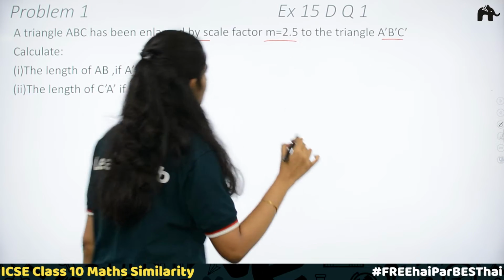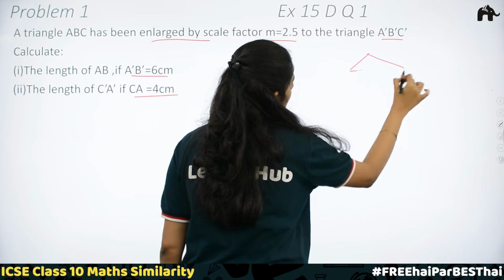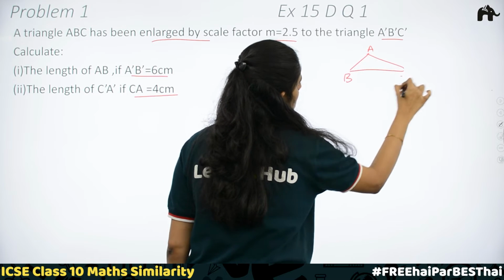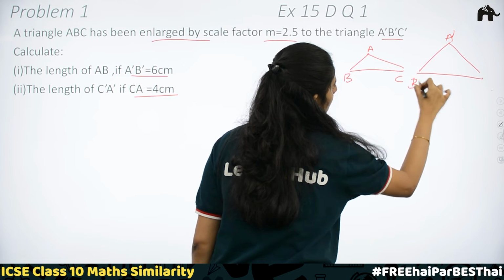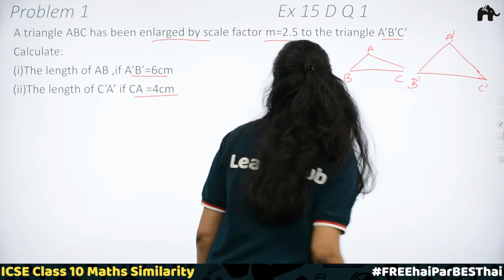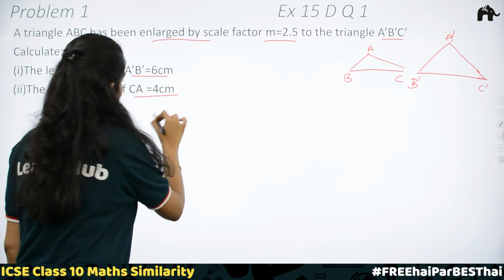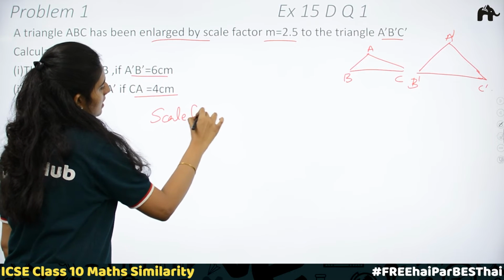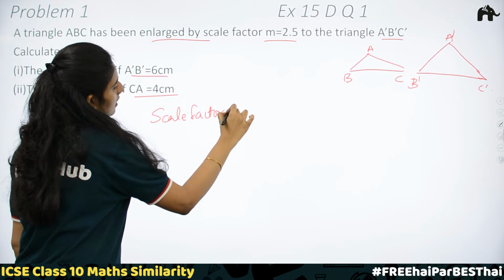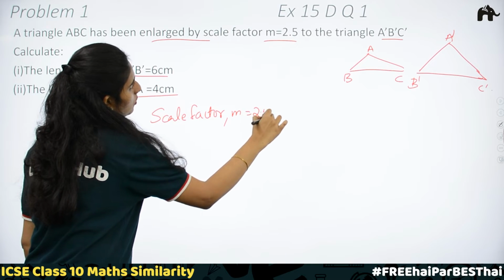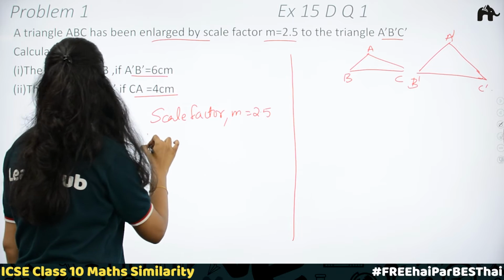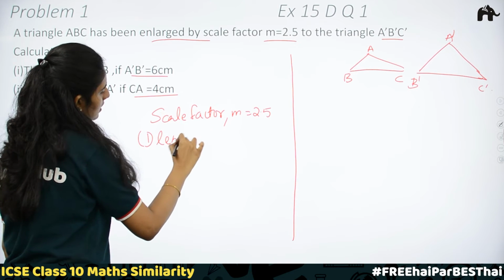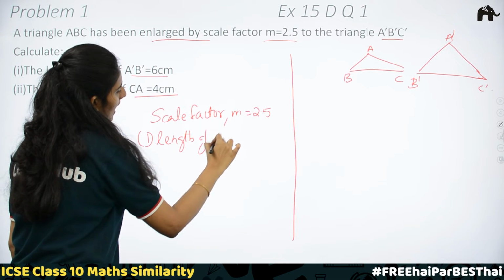Here we have a triangle. This is my triangle ABC, which is enlarged to triangle A dash B dash C dash. The scale factor is given. Scale factor M is equal to 2.5. Okay, so the first question, we need to find the length of AB.